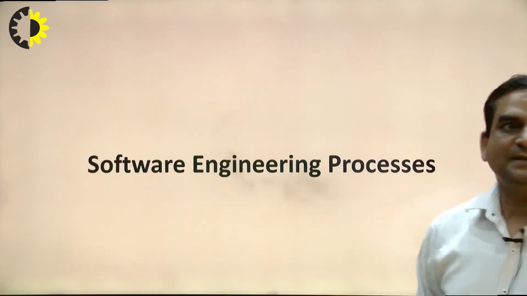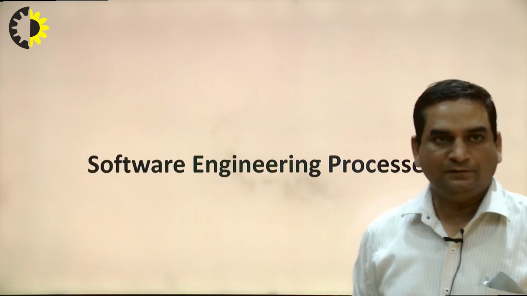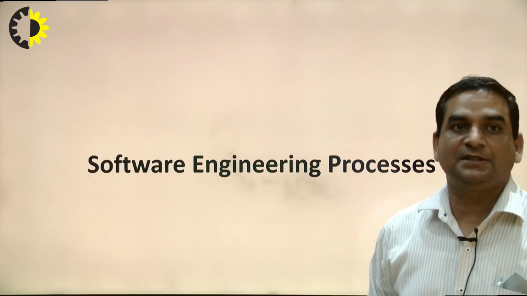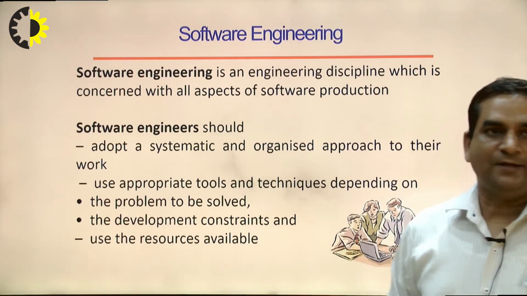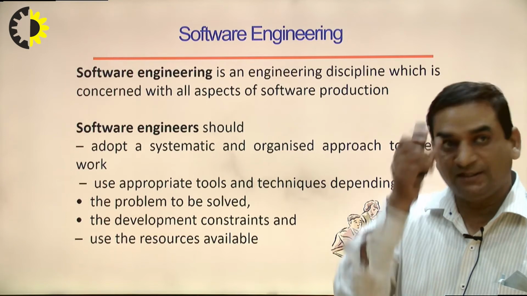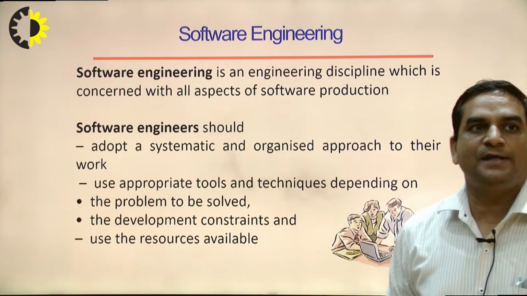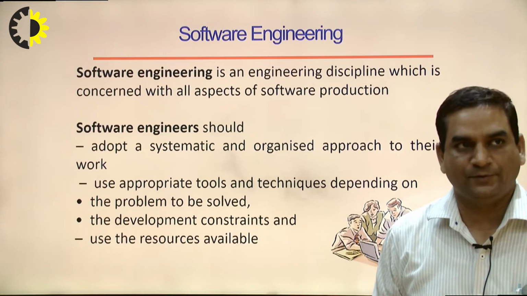Now, what is the software engineering process? How can we define it? First of all, what is software engineering? Software engineering is an engineering discipline which is concerned with all aspects of software production.